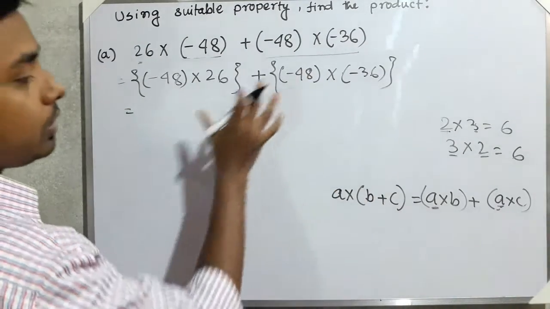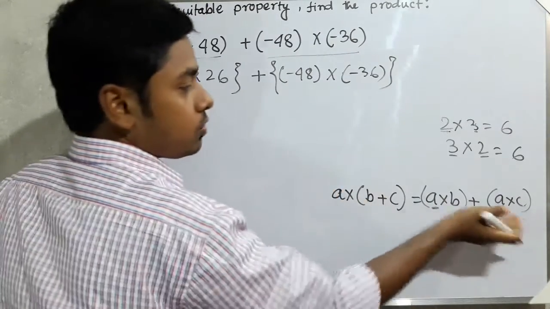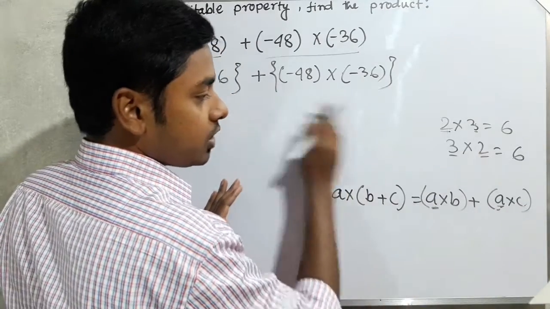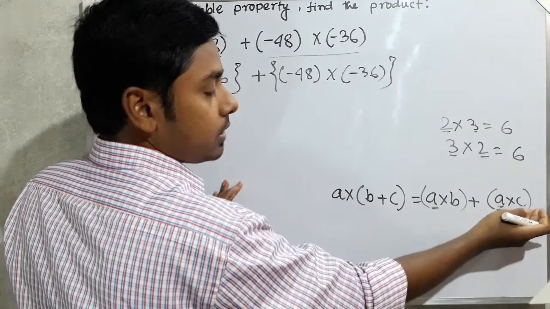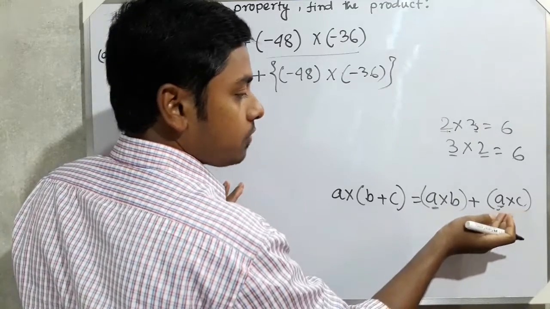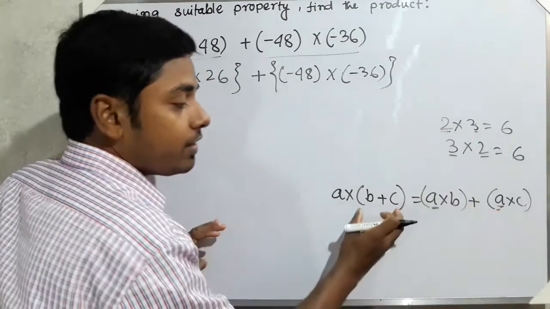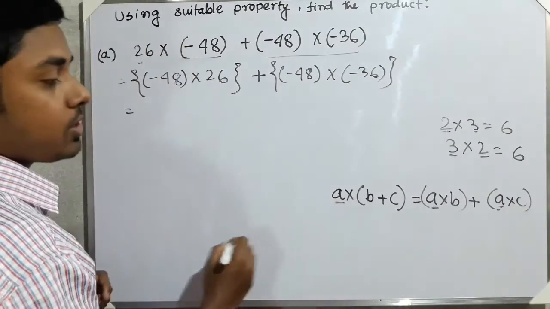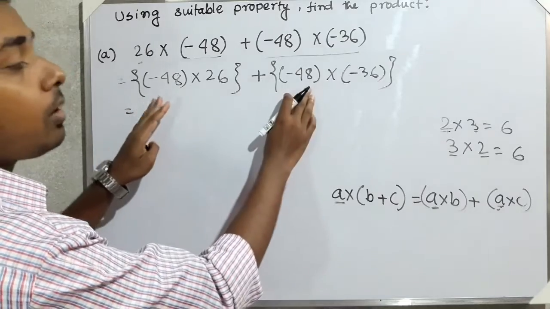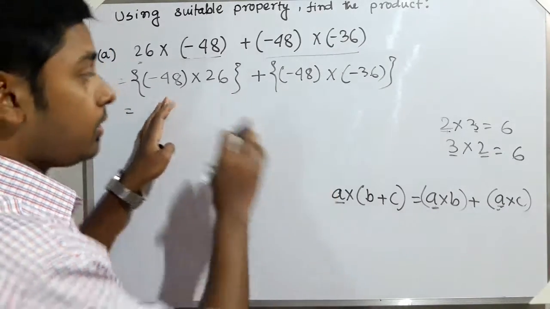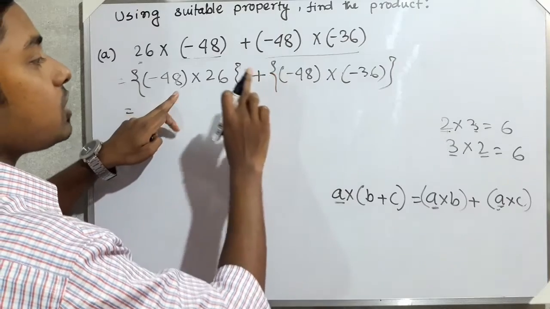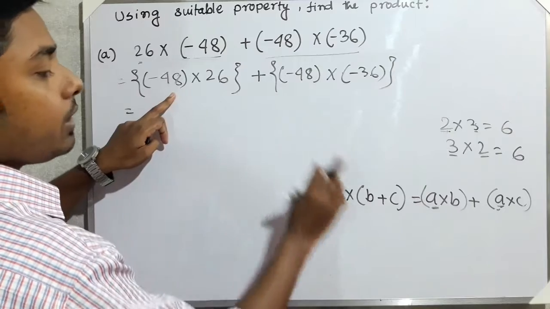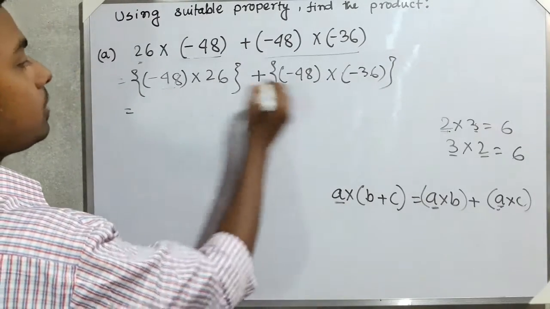Now we have to use the property, and how to use it? Your given expression is the right hand side of the property, so first of all you have to convert this expression to the left hand side. First you have to take A, and A will be the term which is common between the two terms. Which one is common? Minus 48.